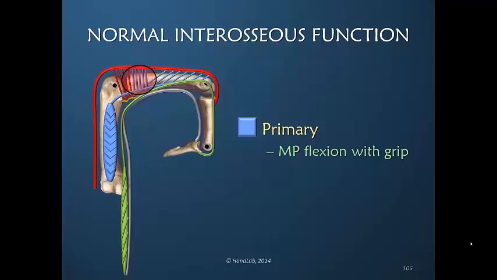So it would be absolutely correct to say that during normal finger flexion, the interosseous muscles must elongate, allowing distal movement of the oblique fibers.